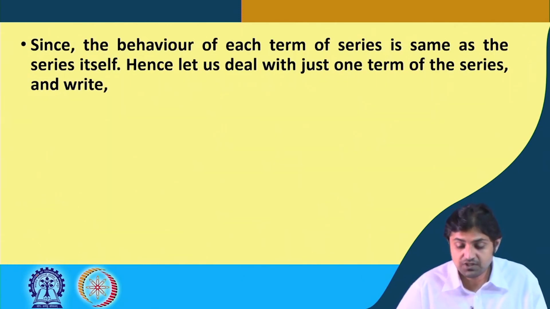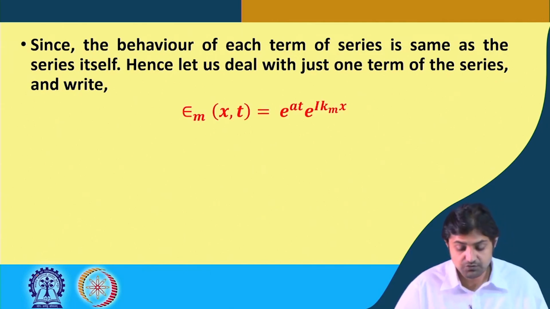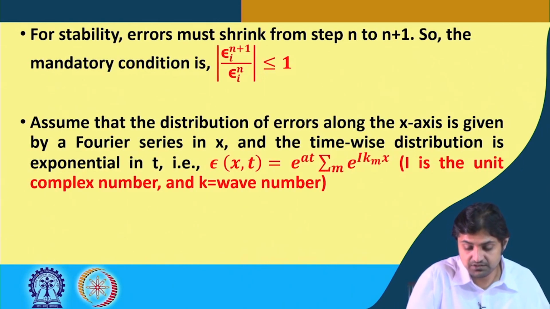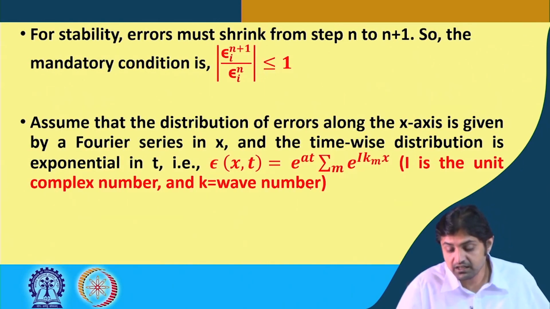Since the behavior of each term of the series is the same as the series itself, let us deal with just one term of the series. There are a lot of terms in this series, the sum of e to the power I k_m x.